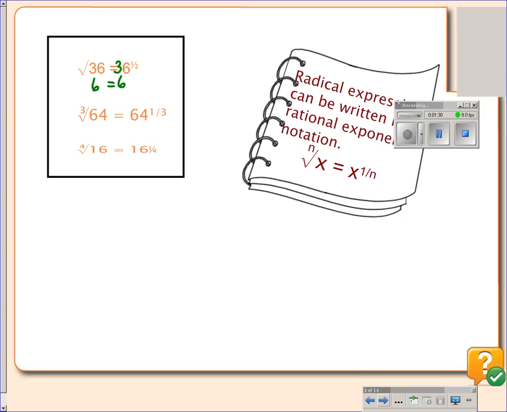Since the cube root of 64 is 4, 64 to the 1/3 power is also 4. The fourth root of 16 is the same thing as 16 to the 1/4 power. Since the fourth root of 16 is 2, 16 to the 1/4 power is also 2.